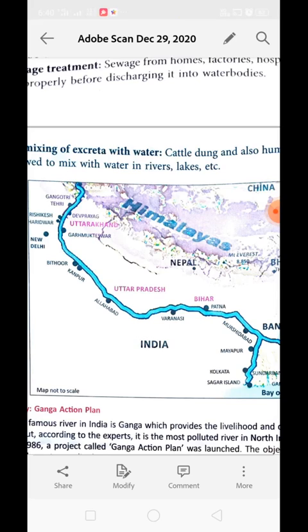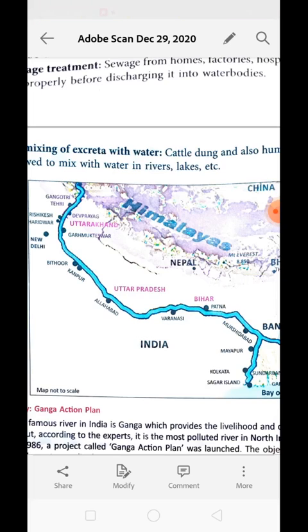Diversion means instead of mixing it with Ganga, we should adopt some other method to dispose of it completely. Treatment means treating the water to remove all the acidic waste or basic waste so that the water does not become acidic in nature or basic in nature. Understood?